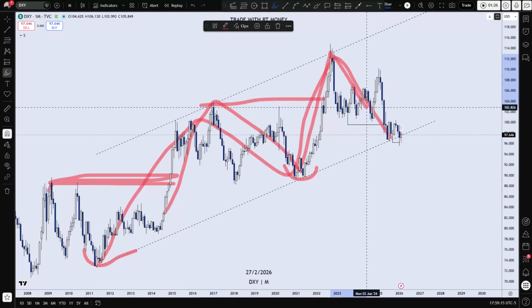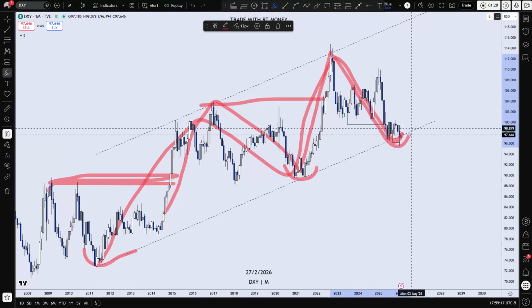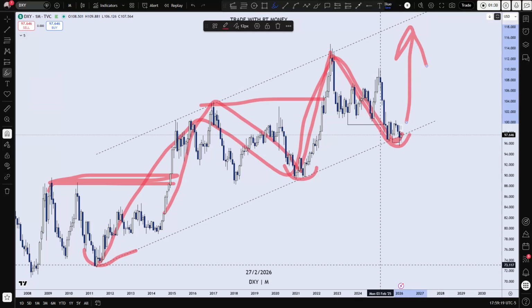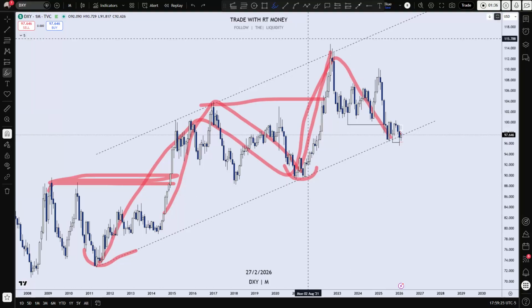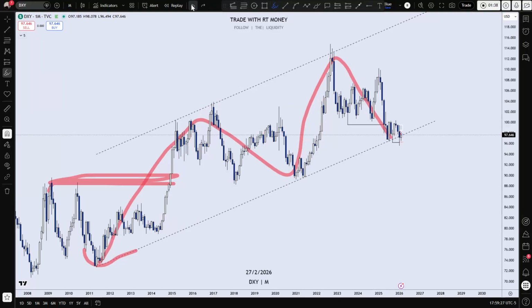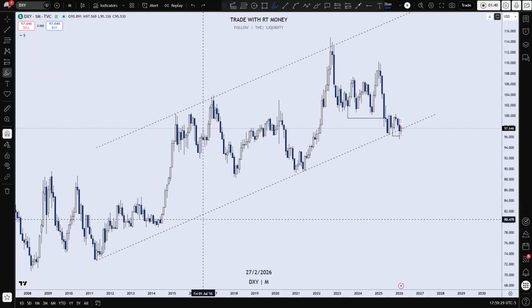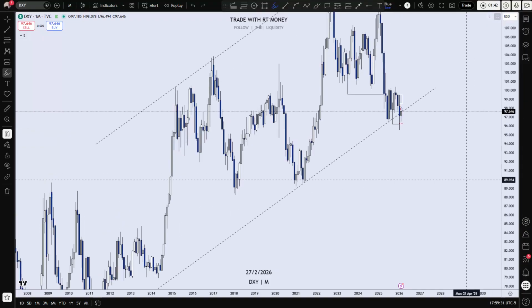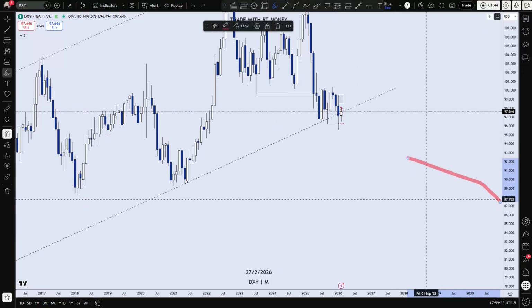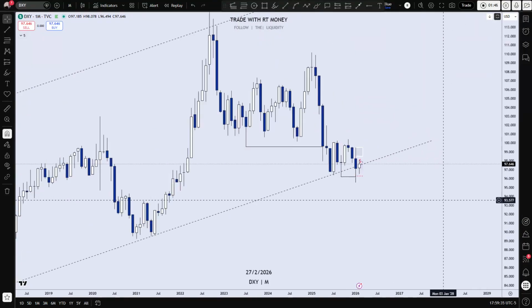This is the potential higher low for the next structure break, or for the next higher high. We have all of that as a potential. Because we're in this ascending channel, you're able to mark it out pretty easily.